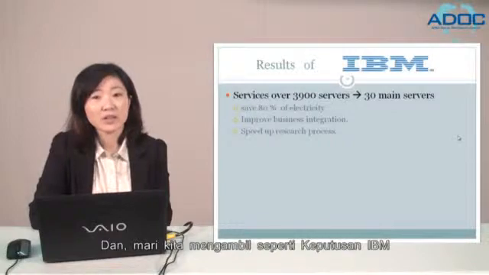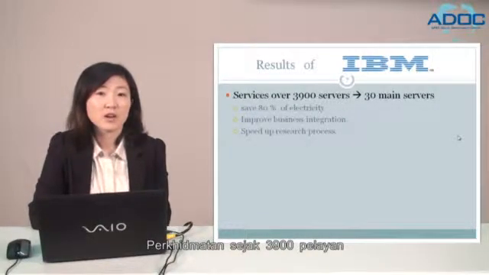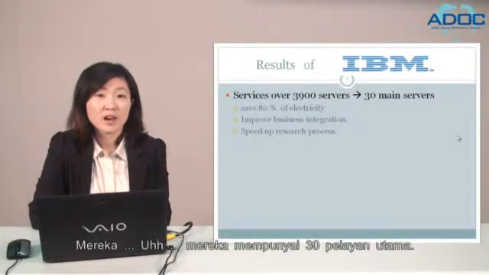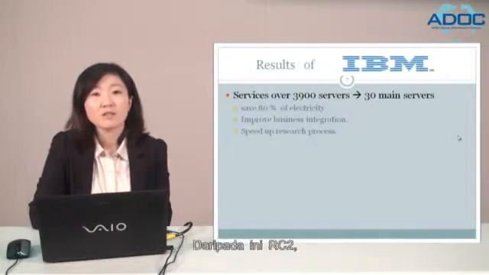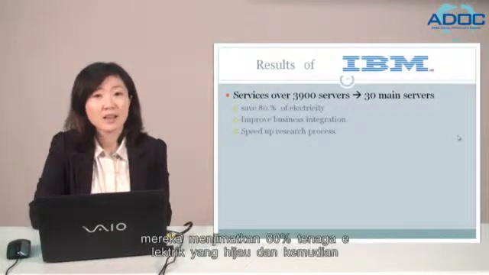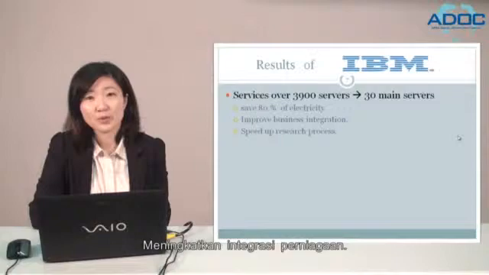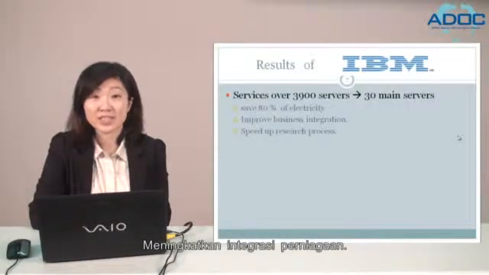And let's take a look at the results of IBM. The service covers over 3,900 servers. They have 30 main servers. From this RC2, they save 80% of electricity, which is green, and then improve business integration.